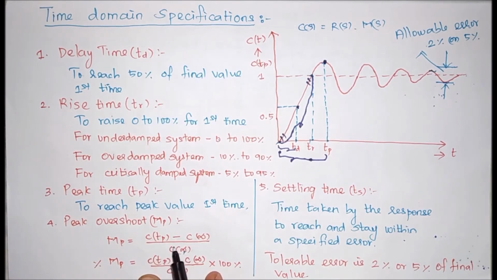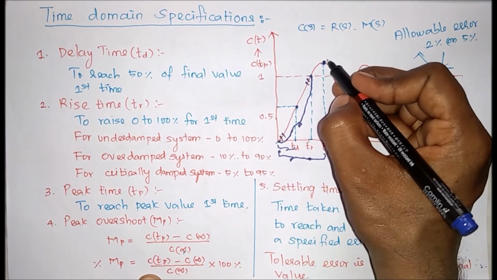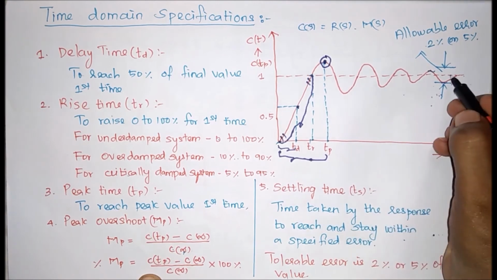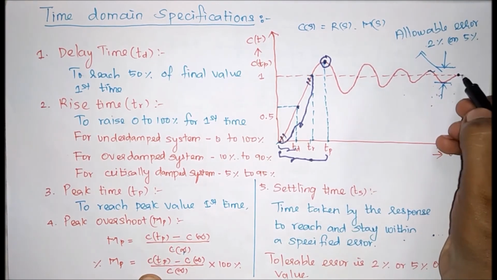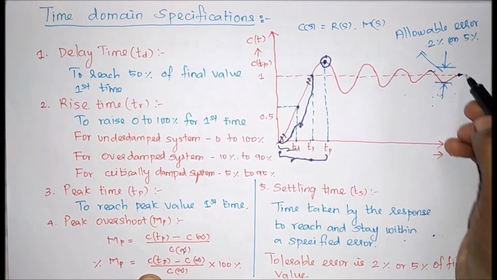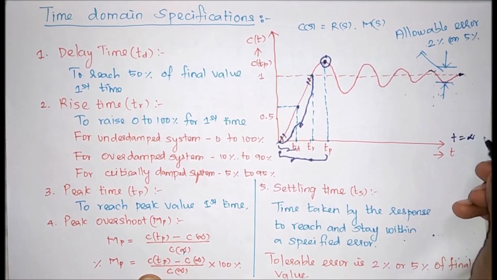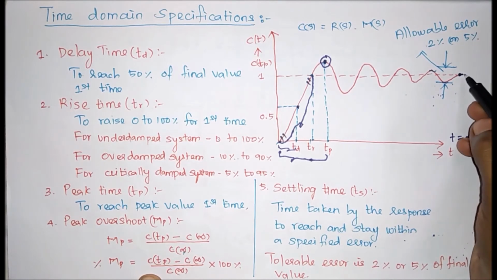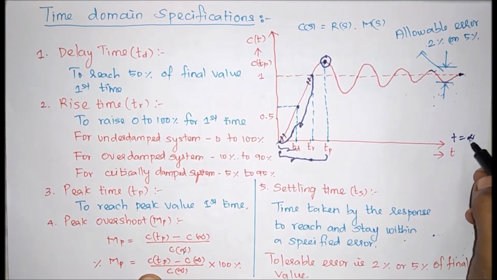Peak overshoot is the difference in magnitude at peak time and infinity time. We see this is the peak time magnitude. This point is nothing but the final magnitude, it means at t equal to infinity. Definitely it is an oscillatory response, therefore it will reach steady state maybe at infinity.